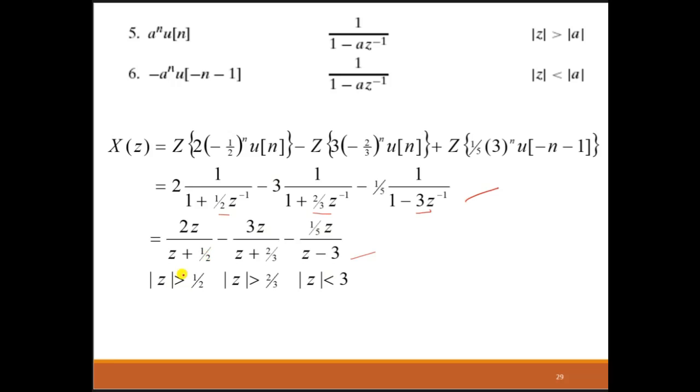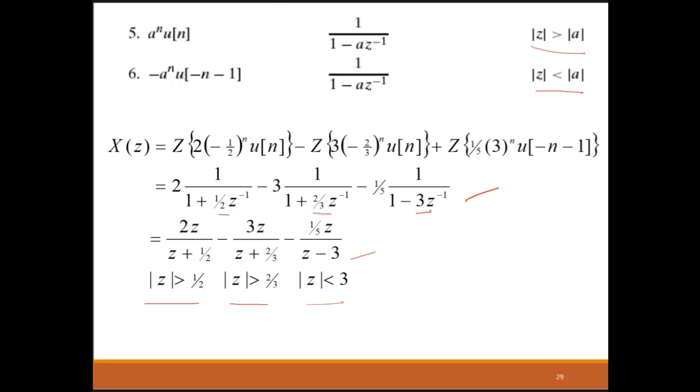Now you take out its poles and its ROC. So the first and the second term is this, |z| bigger than magnitude A, so this is bigger than 1/2, bigger than 2/3, and this is smaller than 3 because of this. Now, note here, you don't have to be so concerned about the plus minus, because it only wants the magnitude.